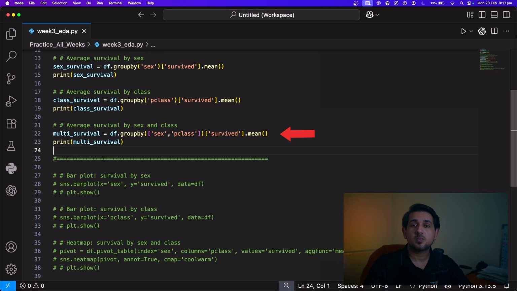Finally, the third line combines both gender and class, giving us survival rates for every combination. For example, first class women versus men in third class, so we get a detailed view of which groups were most likely to make it. All of this lets us uncover meaningful patterns in the data without ever training a model. Let's run the code.